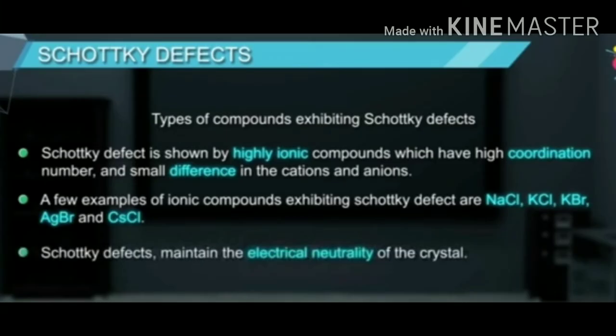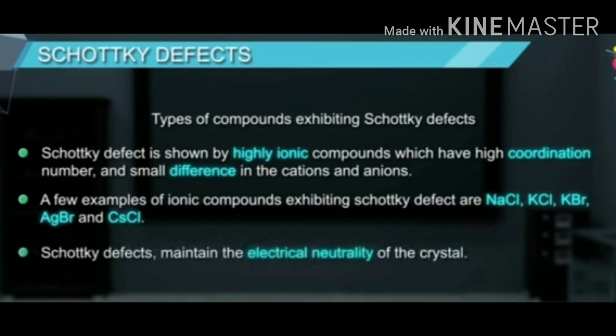Next, types of compounds exhibiting Schottky defects. Schottky defect is shown by highly ionic compounds which have high coordination number and a small difference in the size of cations and anions. Some important examples are NaCl, KCl, KBr, AgBr and cesium chloride.